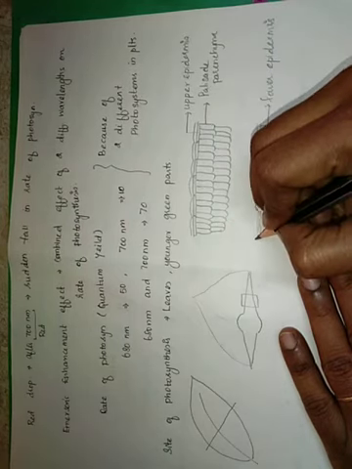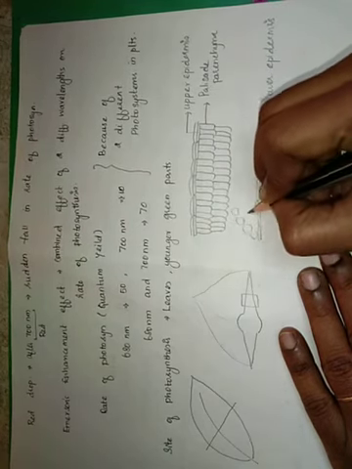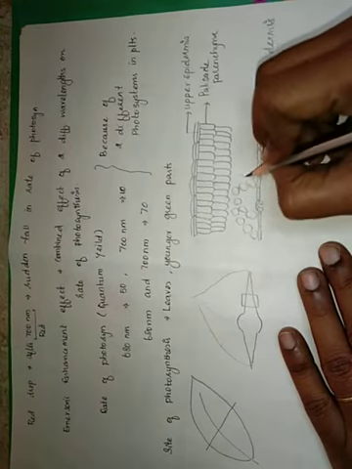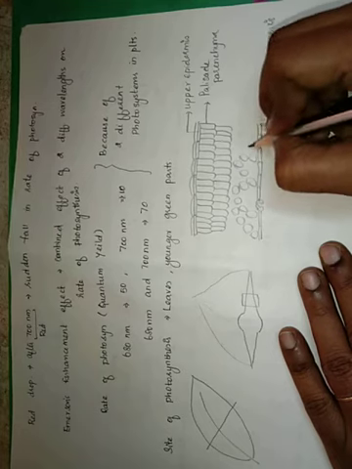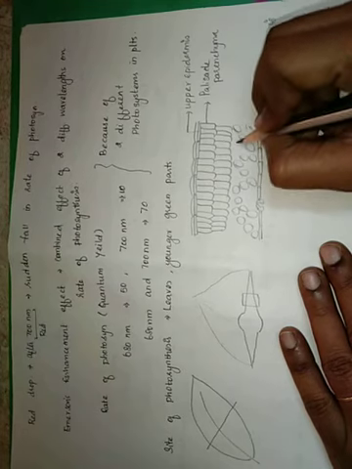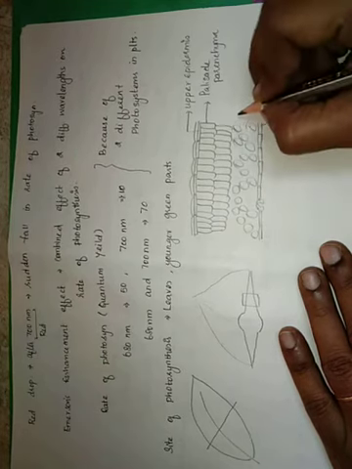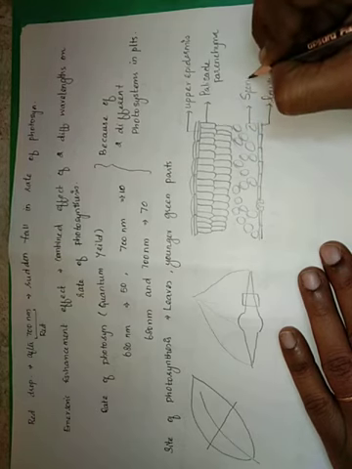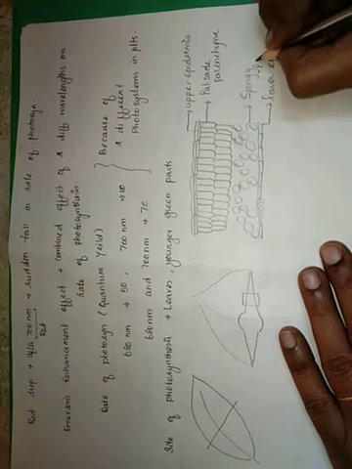And below the palisade parenchyma, closer to the lower epidermis, are going to be more or less differently shaped and loosely arranged cells. These cells we call the spongy parenchyma.